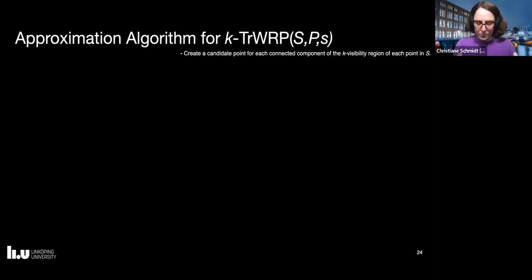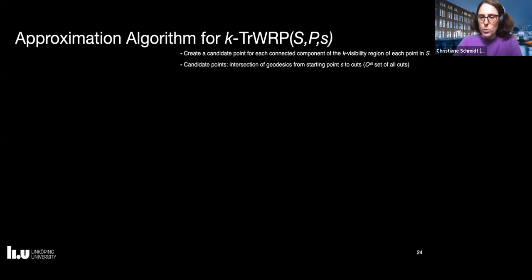So what we do is for each point in S, we have different connected components, again, up to order N, and we need to visit one of them for each of the points in S. So what we do is we create a candidate point for each connected component of the k-visibility region for each point in S. And these are the intersections of geodesics from the starting point to the cuts. Okay, so what is a cut?